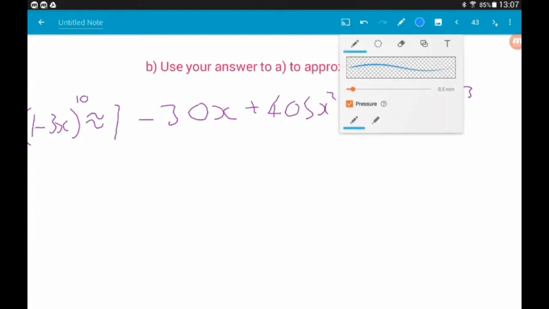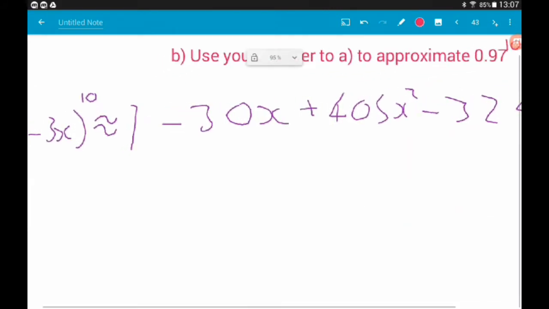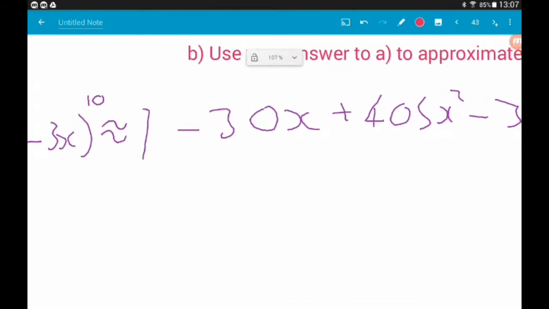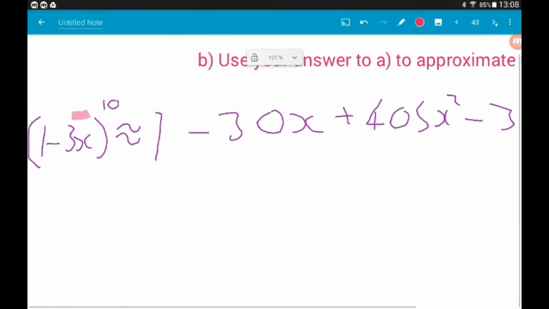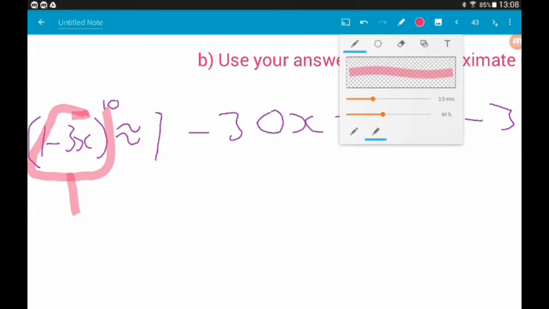So, for that, again, we're trying to work out 0.97 to the power of 10. We've got an expression for 1 minus 3x to the power of 10. So we want the stuff inside of the bracket to equal 0.97.